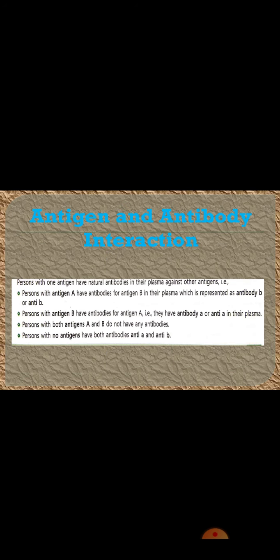Now the topic is antigen and antibody interaction. It means a person with one antigen has natural antibodies in their plasma against the other antigen, such as the person with antigen A has antibody for antigen B in their plasma, which is represented as antibody B or anti B. In this way, a person with antigen B has antibodies for antigen A, for example, antibody A or anti A in their plasma.